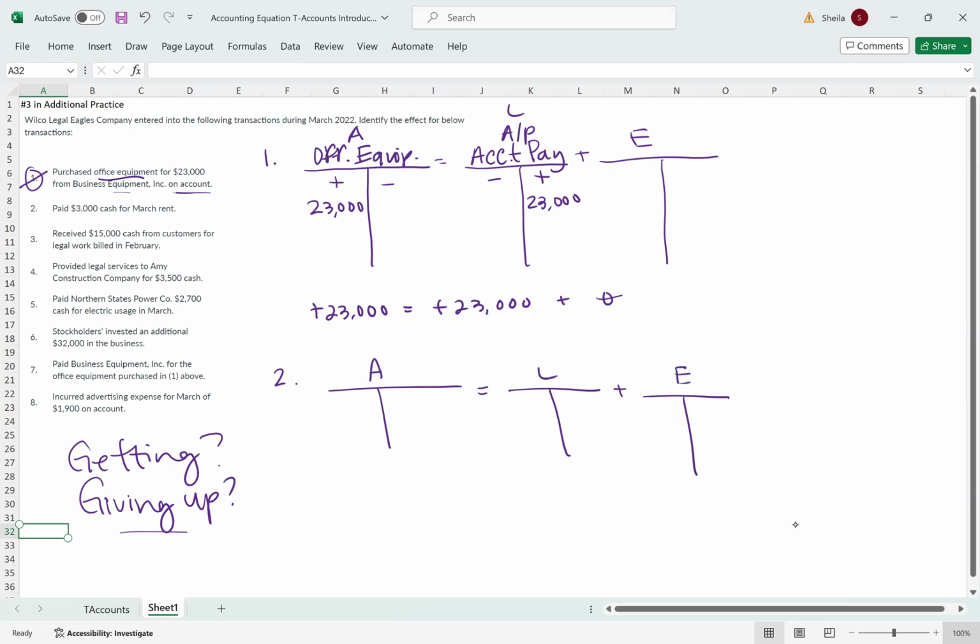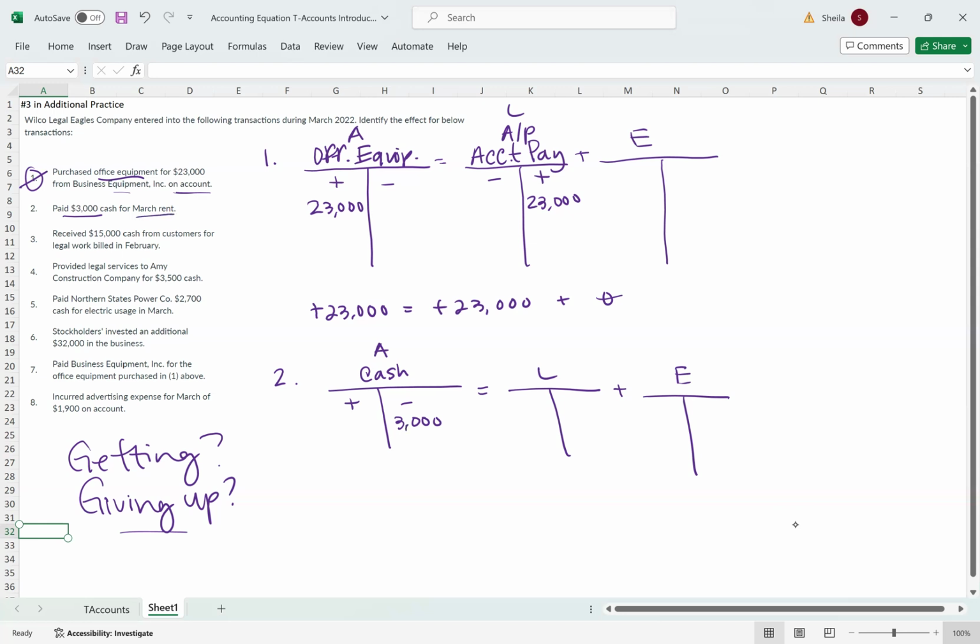Now this one says we paid cash. So that's pretty simple. Cash is an asset. If we paid it, remember, increases with debits, decreases with credits. If we pay cash, what happens? That credit of cash is going to decrease that cash balance.